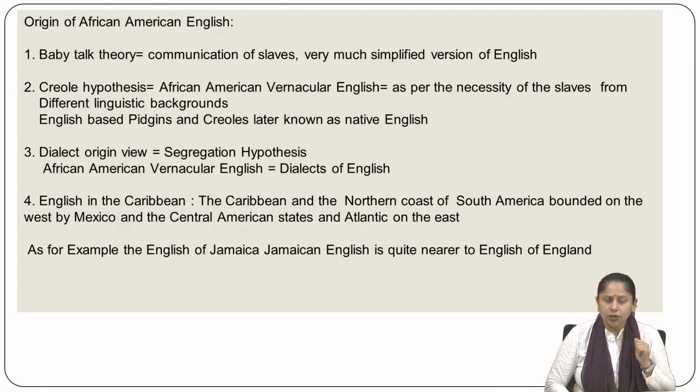Baby talk theory, look, communication of slaves, or it is a very simplified version of English. I think it's a primitive version, it's a fundamental English, very simplified English. That's why it's known as communication of slaves or baby talk theory. The name shows how that English is used.